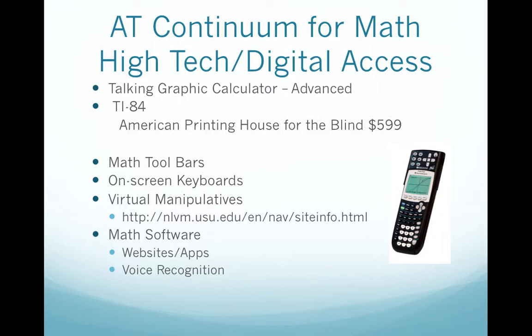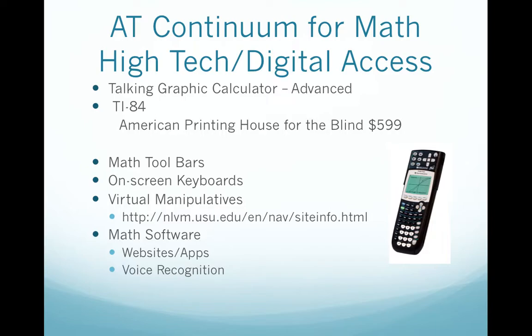This next slide is the continuum, high-tech. These are typically computer-based or expensive products. The software might be free, but if a computer, laptop, or tablet is needed to run the application, it is considered high-tech.